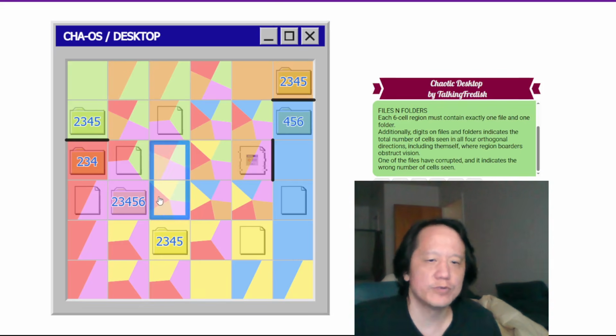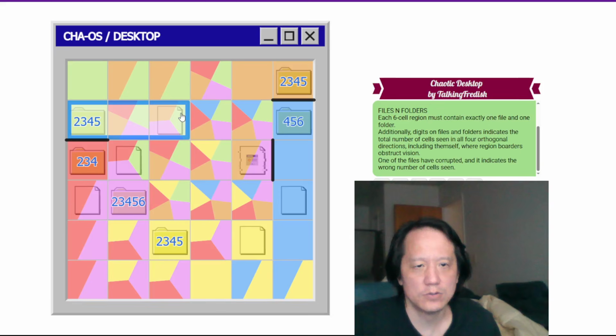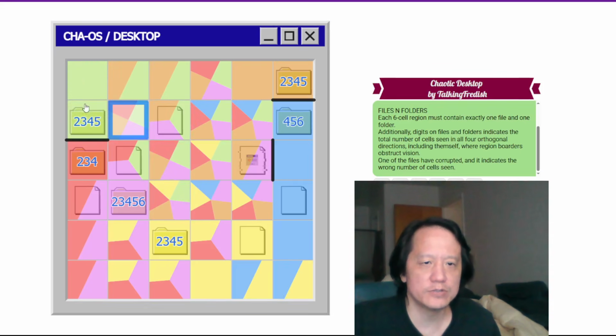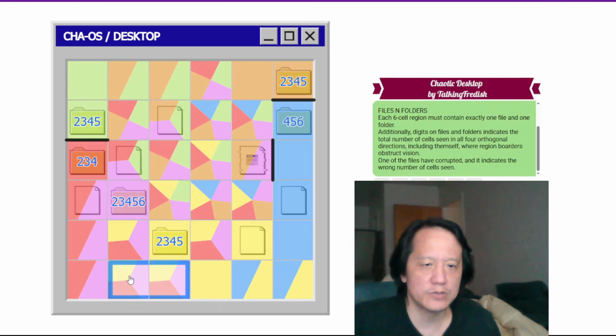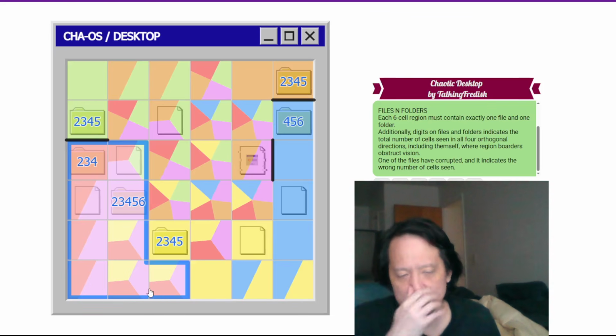Because if this is green here, it cuts off pink from accessing here. Okay, so if green goes this way, the problem is pink and red only have access to 9 cells, which can't form two full regions, which they'd have to.